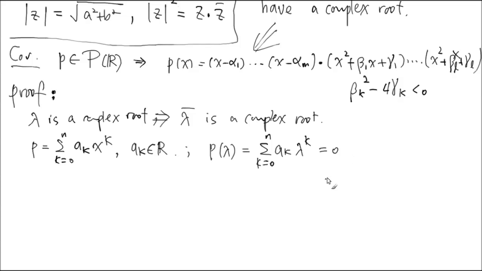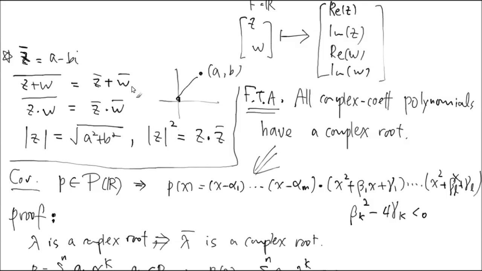And we want to show lambda bar also satisfies this. This one is a complex conjugate. So what we do is take this entire left-hand side, which is 0, and hit it with the complex conjugate. What is the complex conjugate of 0? It is 0. And you hit the complex conjugate on the whole thing here, a_k lambda to the k like that. The complex conjugate splits over addition, right?